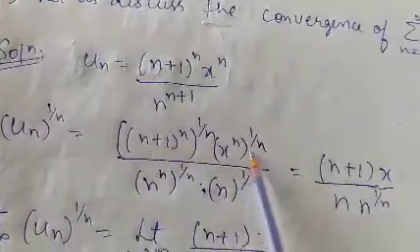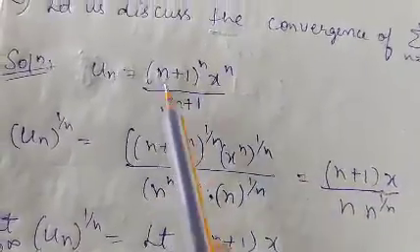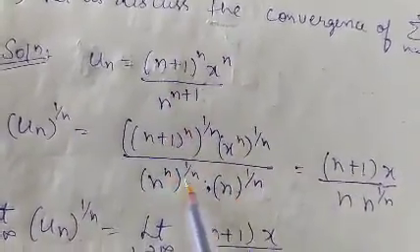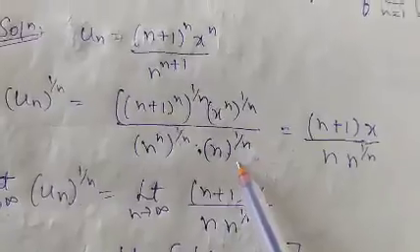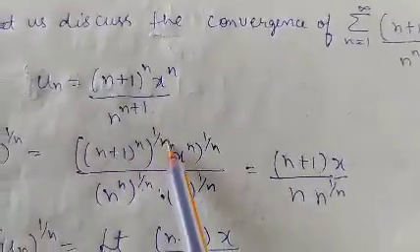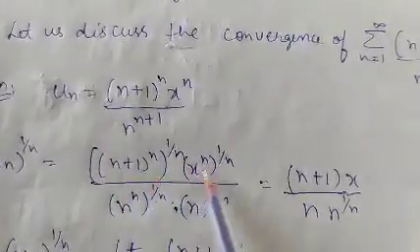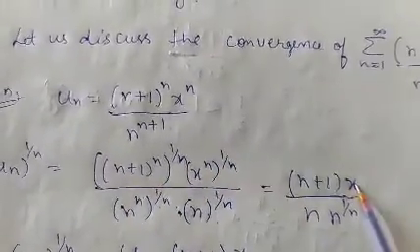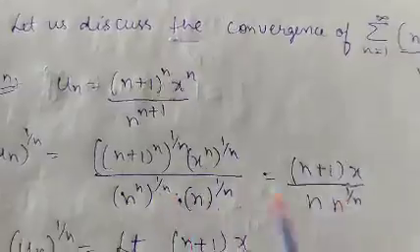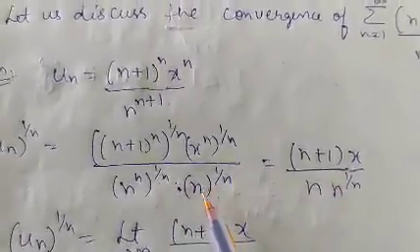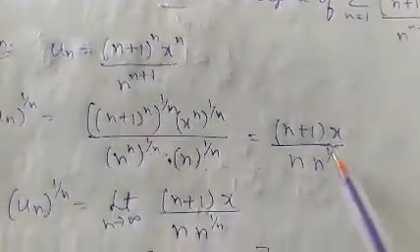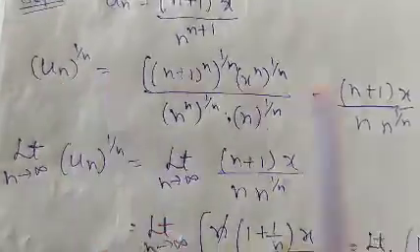The n and n will cancel, only remaining n plus 1 and x, and n power 1 by n will remain as it is. So you have got un whole power 1 by n.